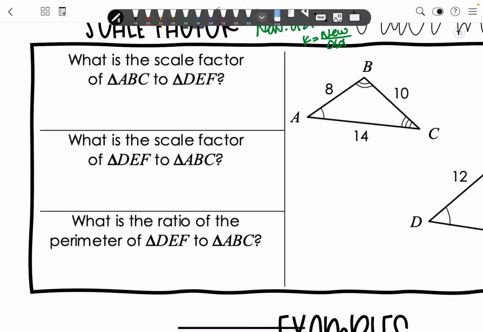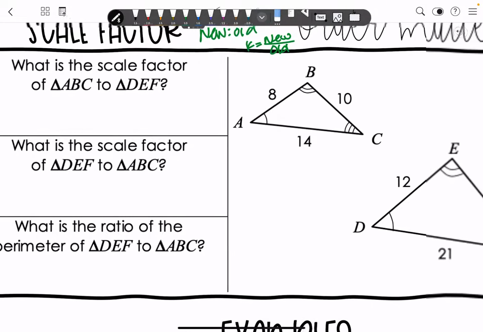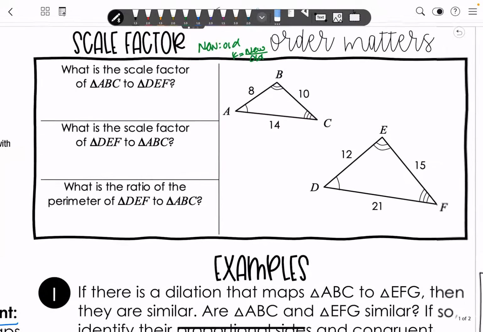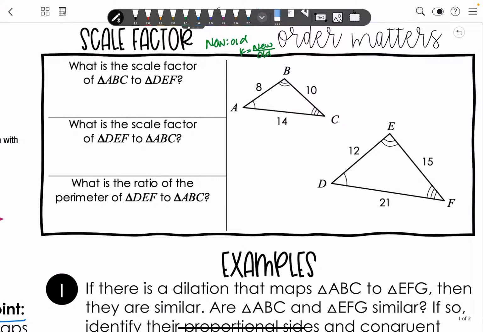Now, the scale factor of ABC to DEF. So we can set up an extended proportion of ABC to DEF, and notice it's going this way, to DEF, which is going that way. We can see that by the 1, 2, 3 congruency marks on the angles.